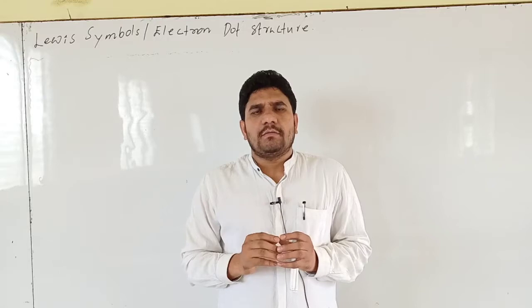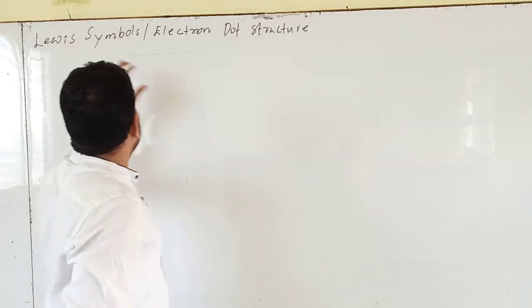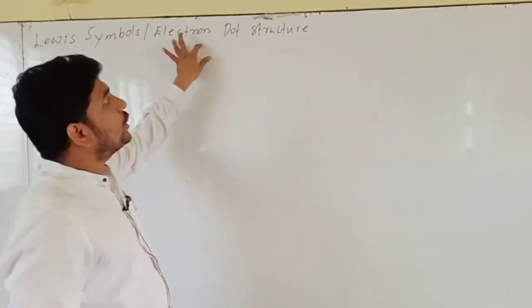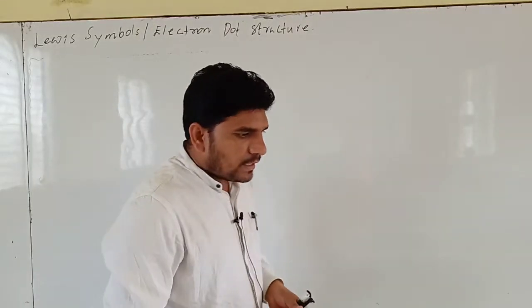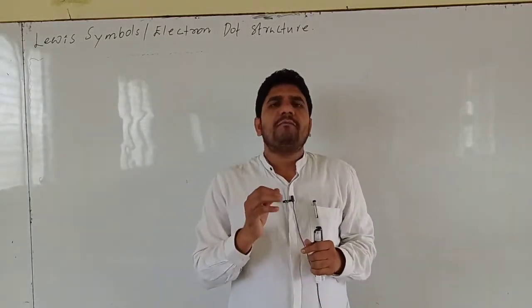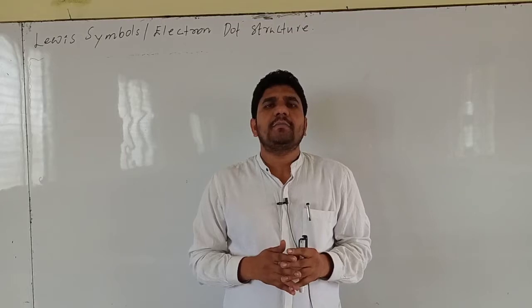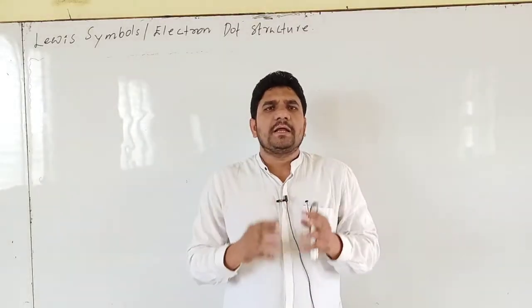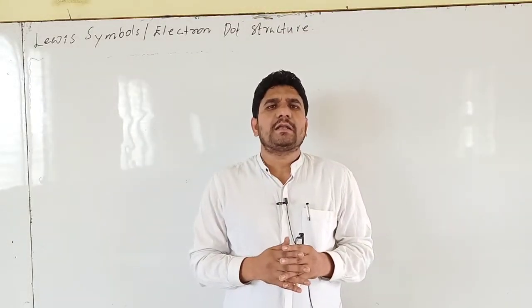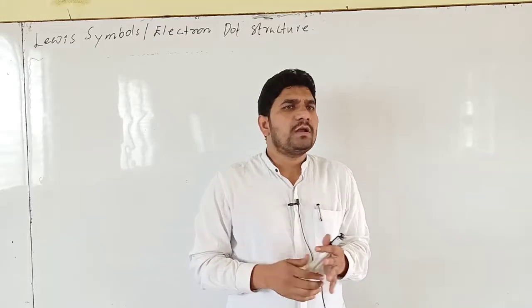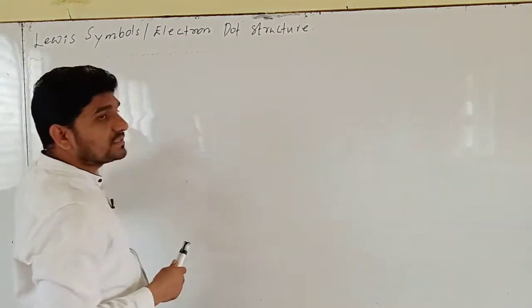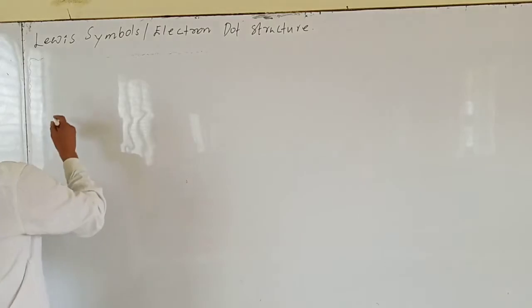That symbol is known as the Lewis symbol or electron dot structure. The number of valence electrons present in an atom, represented around the symbol of the atom, are nothing but Lewis symbols. What is a Lewis symbol?